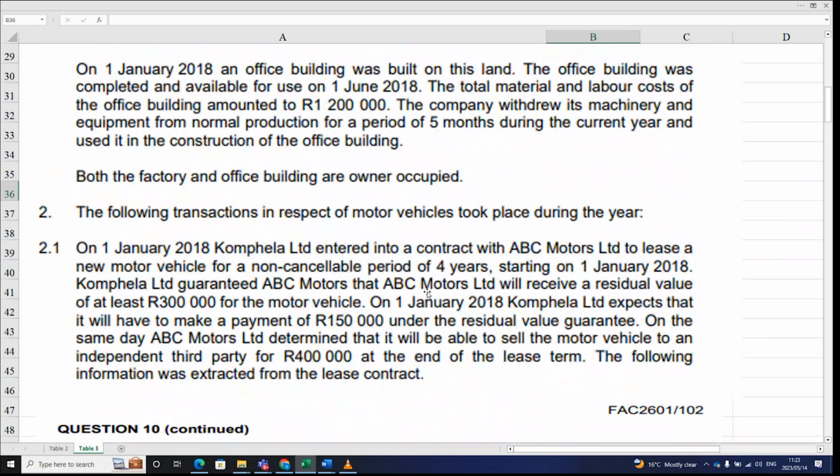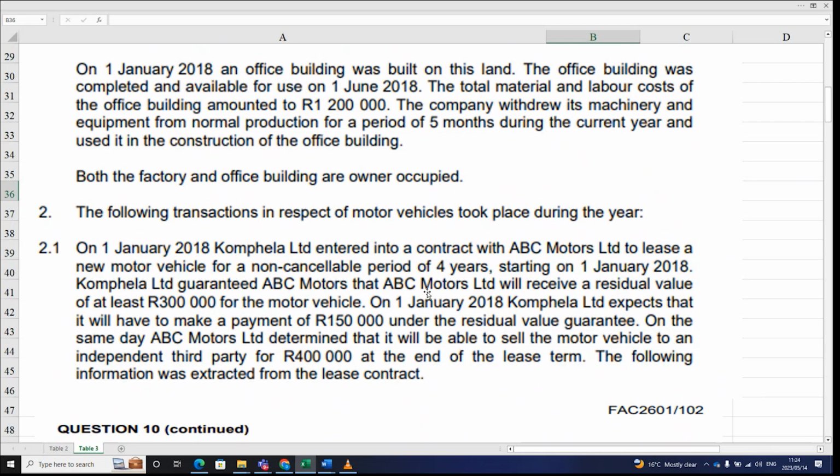We know from IAS 2 that the cost of the asset is made up of the labor and the material and direct production overheads. Overheads will include depreciation of some of the equipment used in the production of that asset.